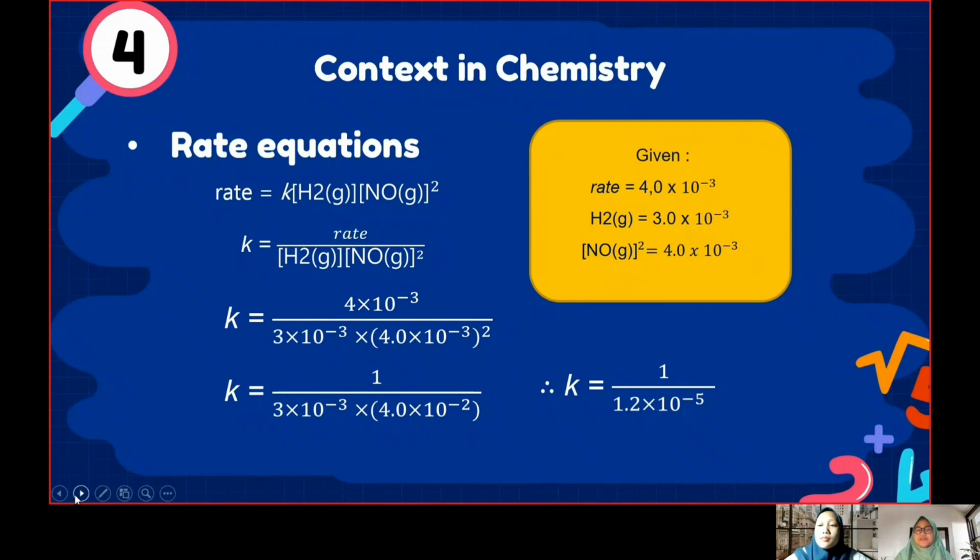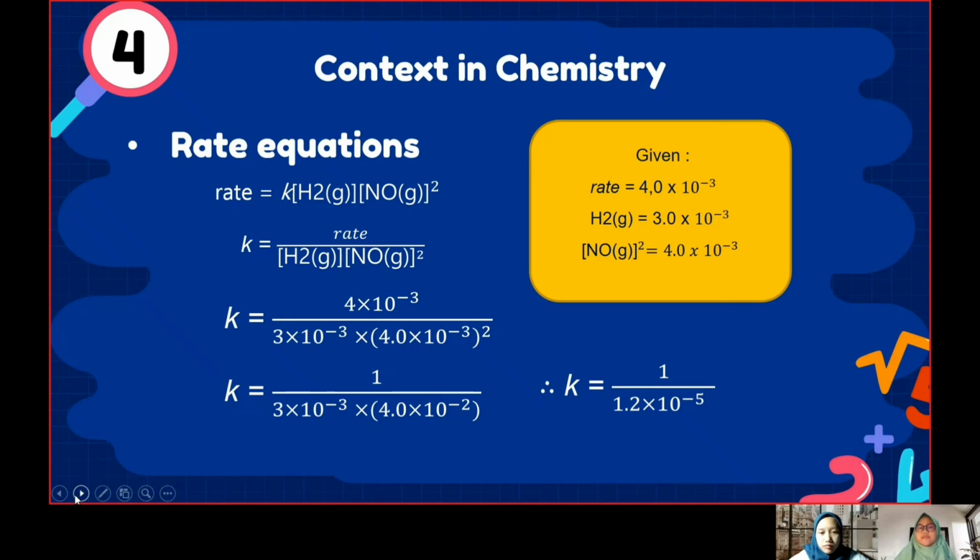For the context in chemistry, the values are given: rate equals 4 times 10 to the power of -3, and the reactants are hydrogen and nitrogen monoxide. The hydrogen concentration equals 3 times 10 to the power of -3, and the nitrogen monoxide is 4 times 10 to the power of -3.